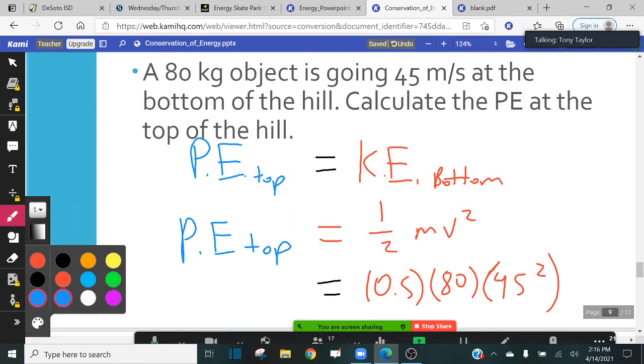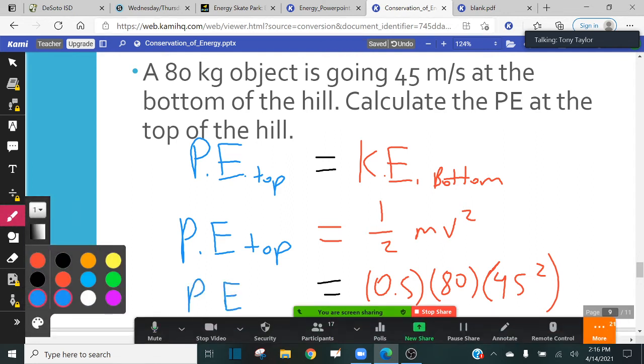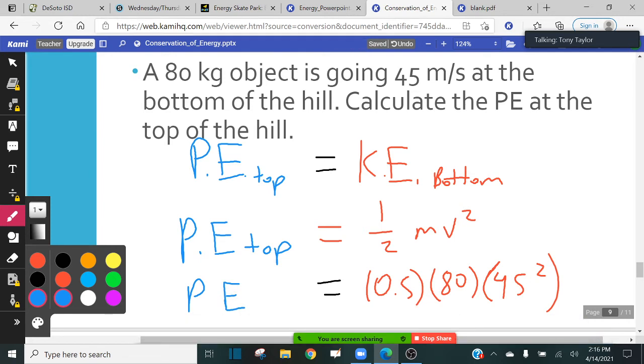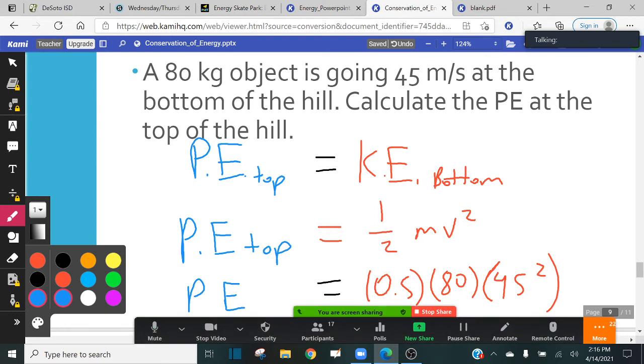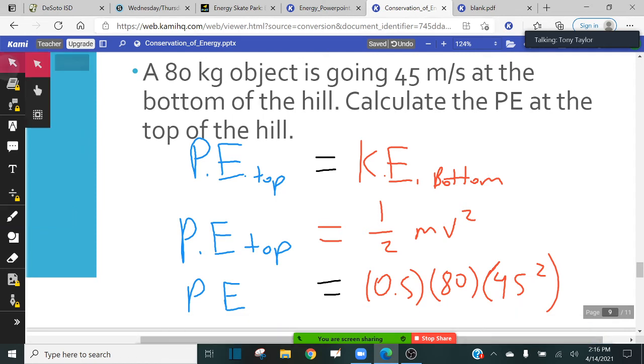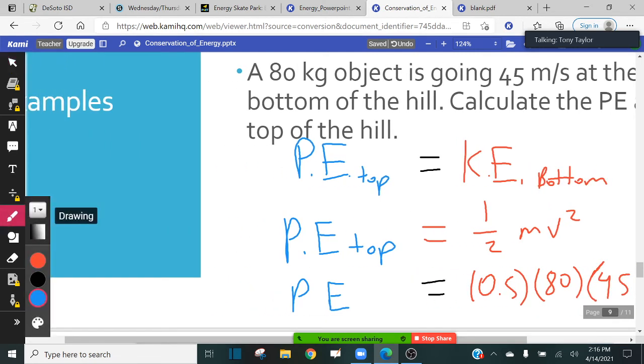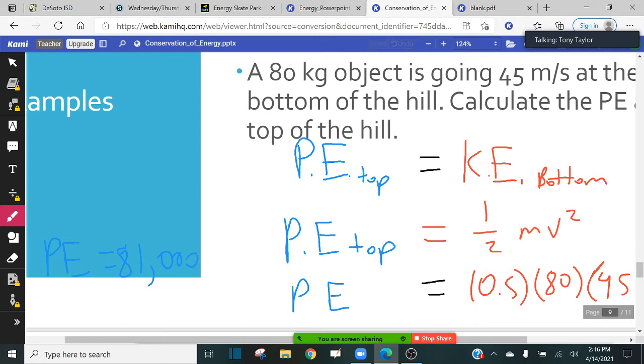Because once we know that, we'll know what the potential energy is. No, Stephanie, that's not what I got. Yeah, that's right, Angelina. The potential energy would be what Angelina said, 81,000 joules.